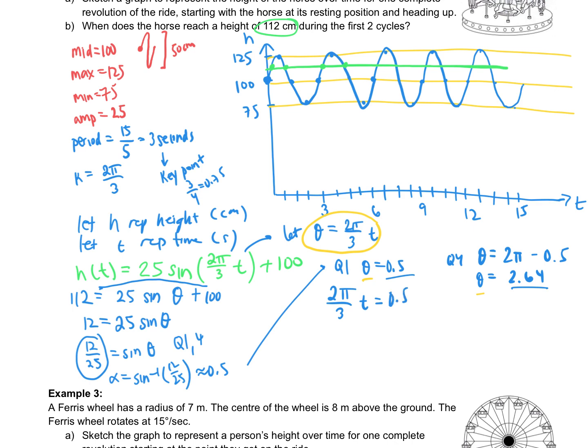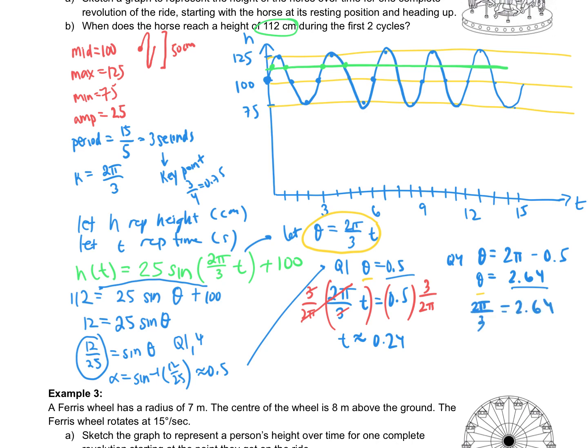And now when I try to solve for t, I'm just going to multiply both sides by the reciprocal, because that will mean the 2 pi's cancel out and the 3's cancel out, which is perfect. And whatever I do to one side, I do to the other. So the first time I get is approximately 0.24.